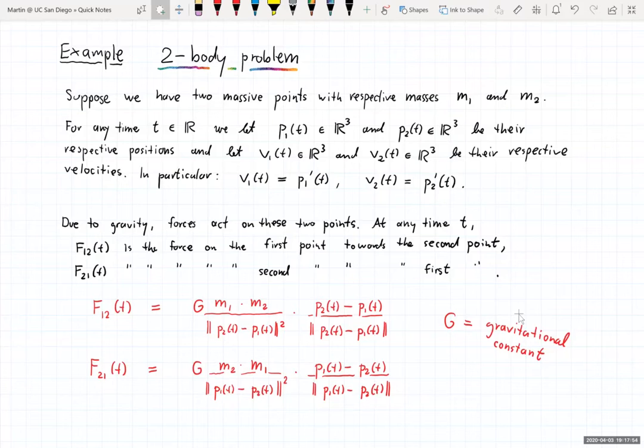And so for any time t, we let p1 of t be a three-dimensional vector, which describes the position of the first body, and we let p2 of t be a three-dimensional vector, which describes the position of the second body. Now, in the context of celestial dynamics, we're also interested in the velocity vectors.